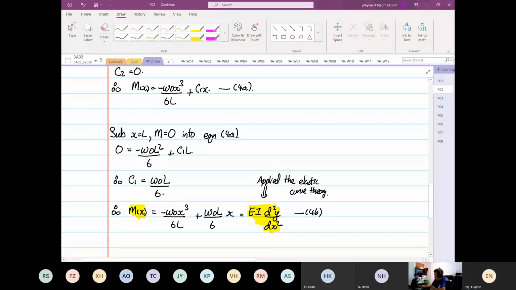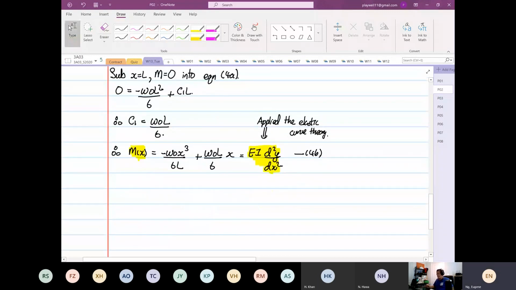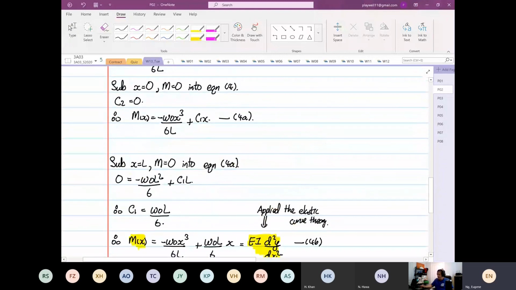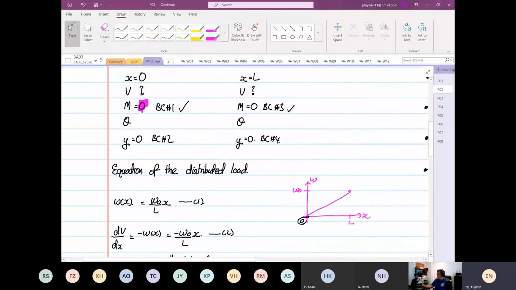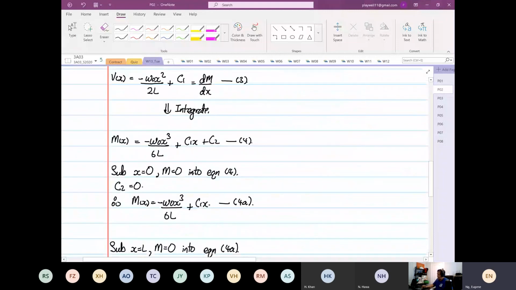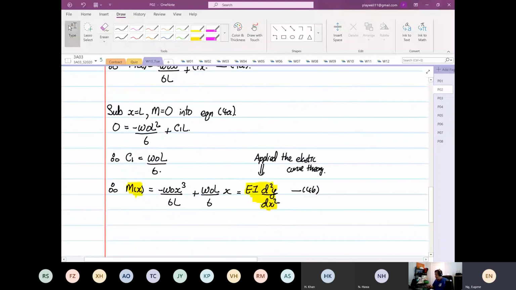So what we have done is we have found two of our constants. We have exhausted two of our boundary conditions, boundary condition number 1 and boundary condition number 3, and now we have applied the elastic curve theory. We let the whole equation be equal to EI multiplied by d squared y over dx squared.